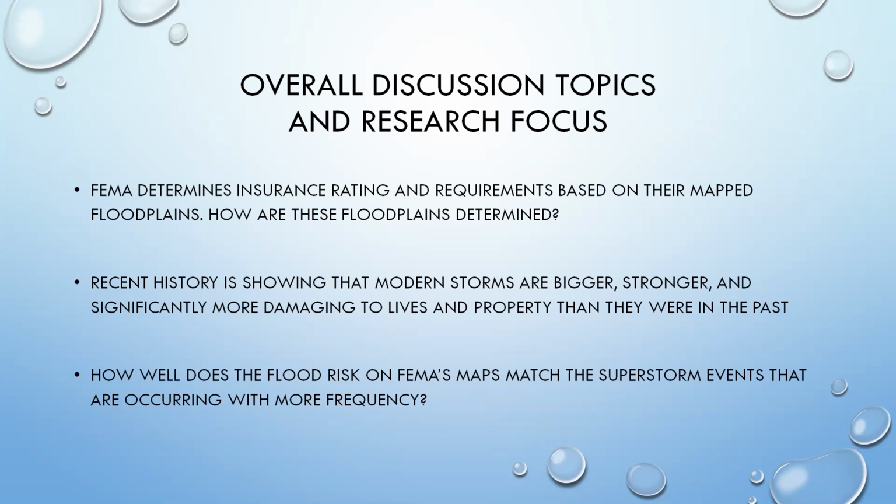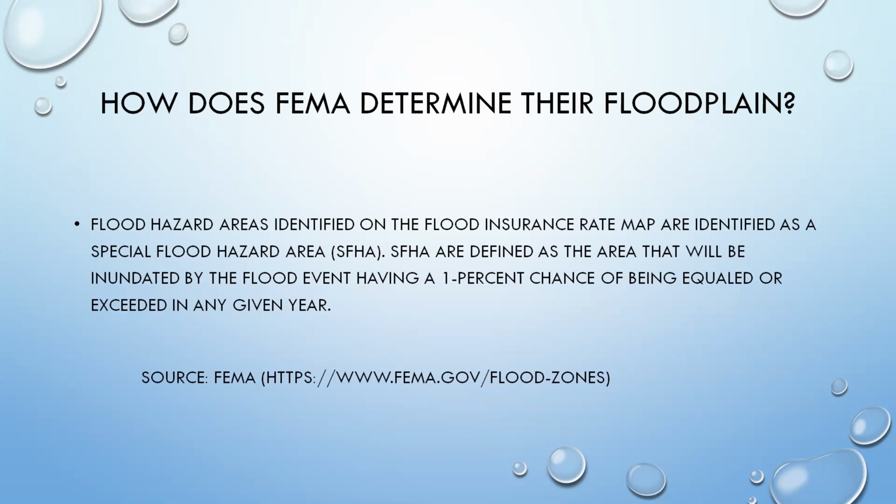And I think what we're starting to see is that the storms of the last 10, 15 years are really above and beyond what you would normally see through an average 100-year period in the past. So the last point there, how well do these maps actually match those storm events?